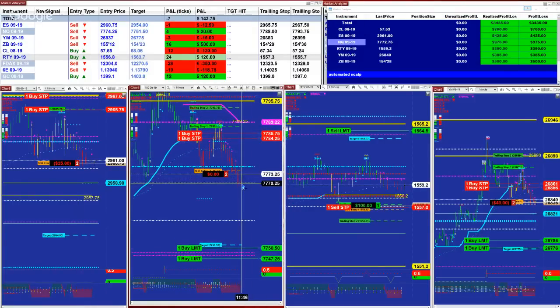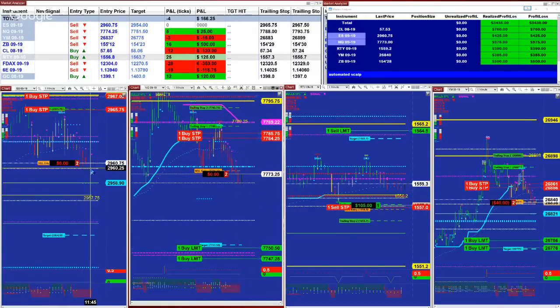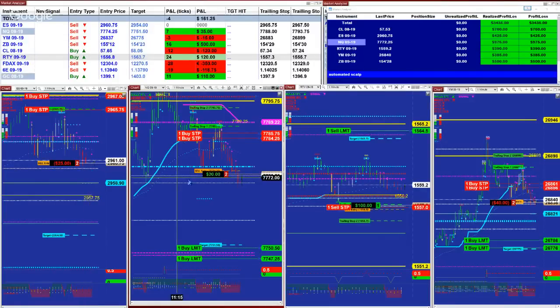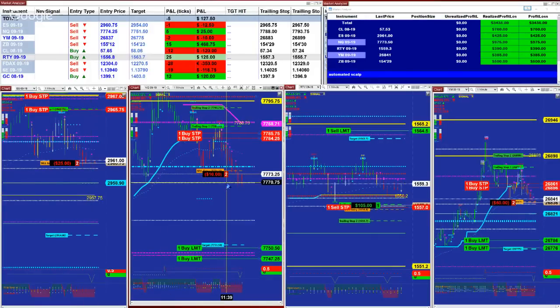If we look at the Nasdaq, if the ES breaks or is going to break the 60.25, the Nasdaq will break that level. If the ES is not going to break the 60.25, we're going to be sitting and playing yo-yo here for another half an hour.